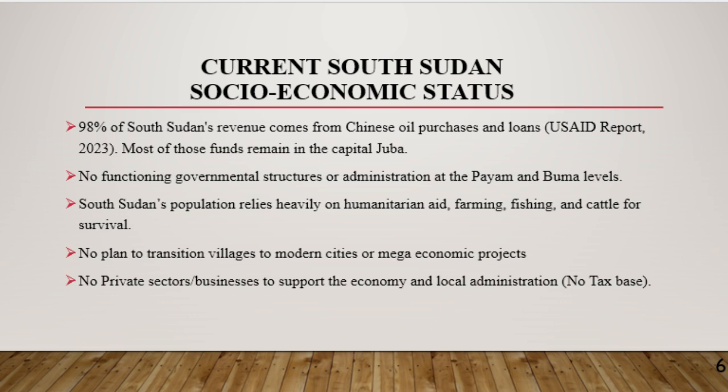And then the last one is the private sector is very limited, right? As I mentioned on the first one, 98% of South Sudan governmental revenues come from Chinese oil purchases and loans. So that's a very high number, and it's not sustainable. Right? And there is no plan of transitioning the economy to the private sector.